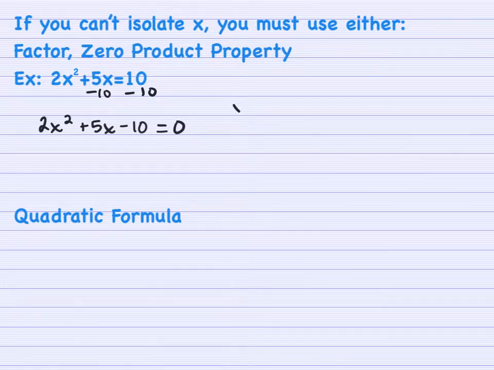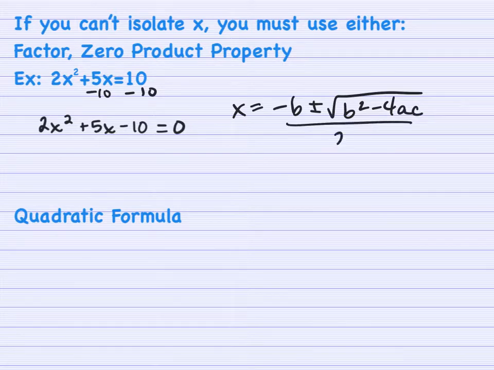So once again, x equals negative b plus or minus the square root of b squared minus 4ac, all divided by 2a. I'm going to plug everything in there. So here my a is 2, b is 5, c is negative 10. So x equals negative 5 plus or minus.